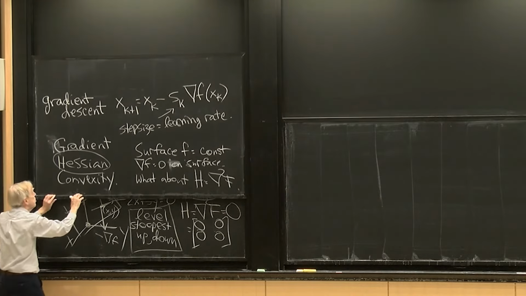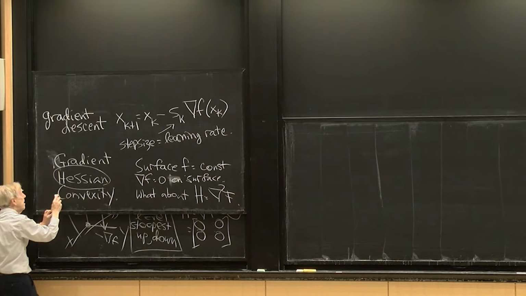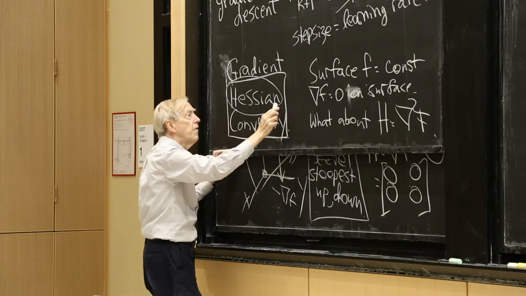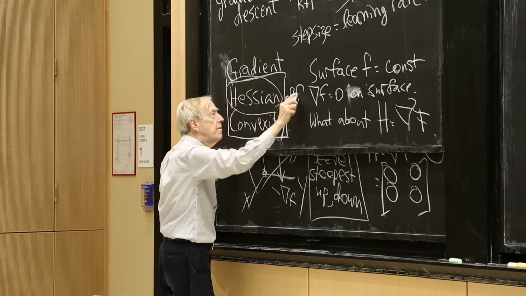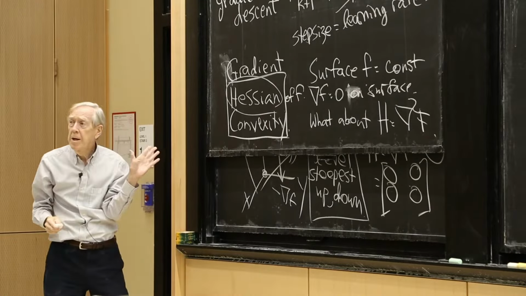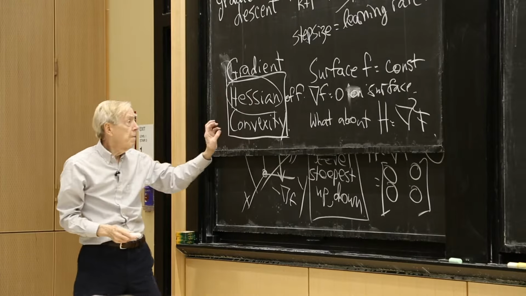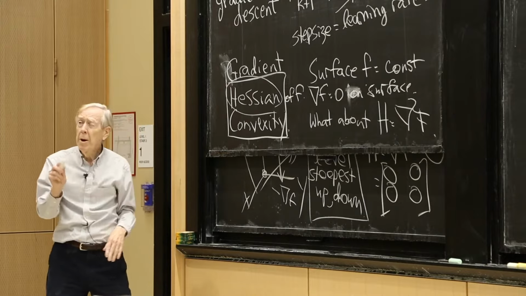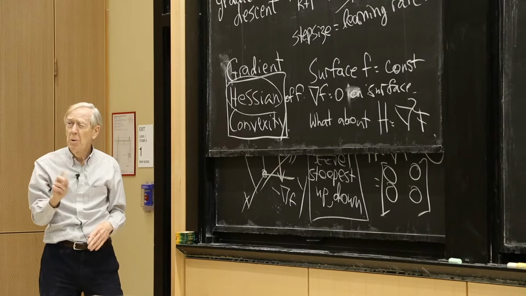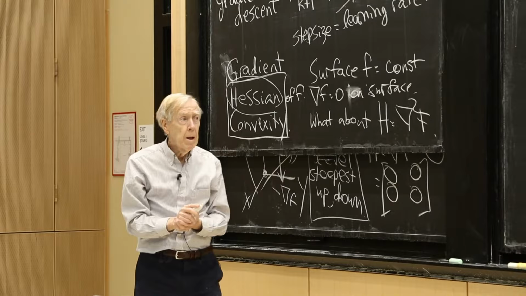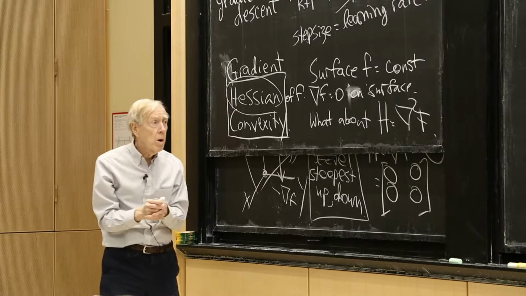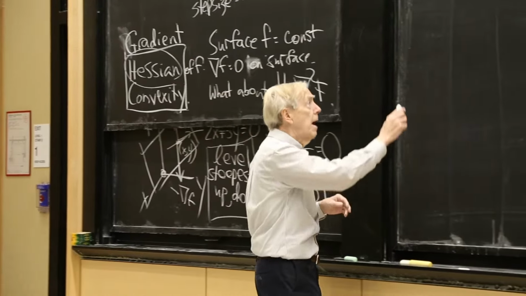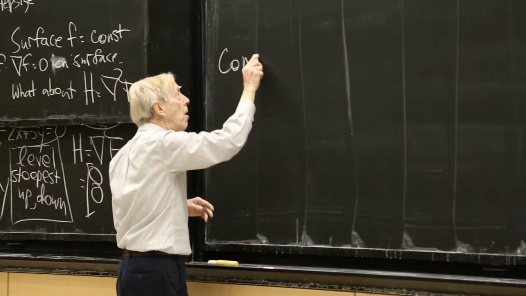What's the connection between the Hessian and convexity of the function? The Hessian of the function and convexity of the function. So the point is that the Hessian tells me whether or not the surface is convex. And what is the test? Positive definiteness or semi-definiteness.